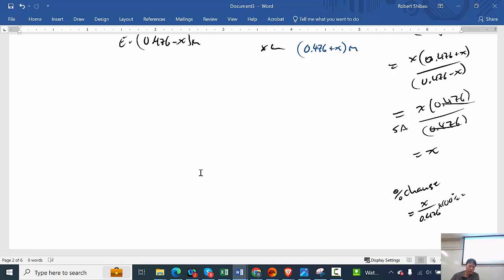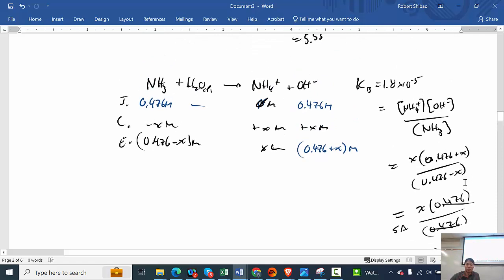So 1.8 times 10 to the minus 5 divided by 0.476 times 100 is 0.0037. So this is very good. It wouldn't make a difference if we solve this using the quadratic, at those very low percentages. You can try it and see. It's not going to make any difference. But it does make a difference here, so we should factor it in.